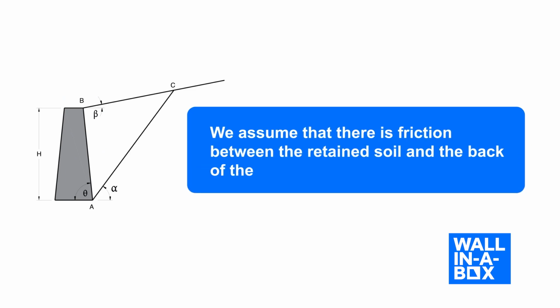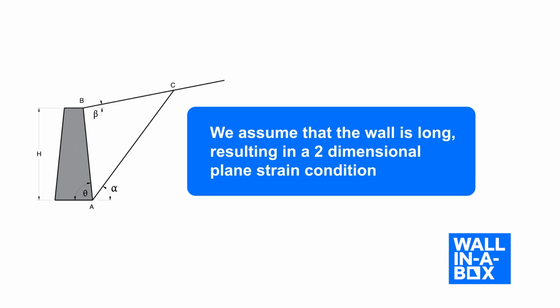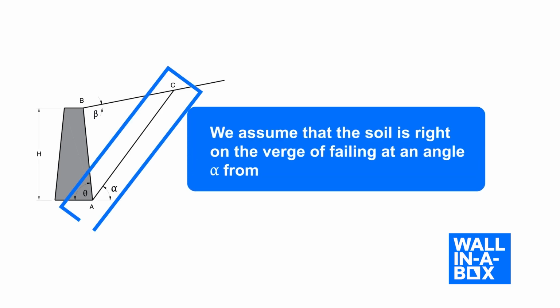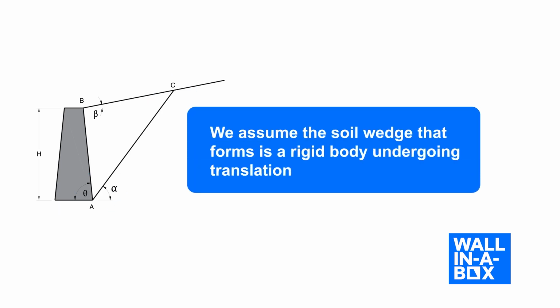We assume that there is friction between the retained soil and the back of the wall. We assume that the wall is long, resulting in a two-dimensional plane strain condition. We assume that the soil is right on the verge of failing. That failure angle is angle alpha measured from horizontal. We assume that the soil wedge that forms is a rigid body undergoing translation.